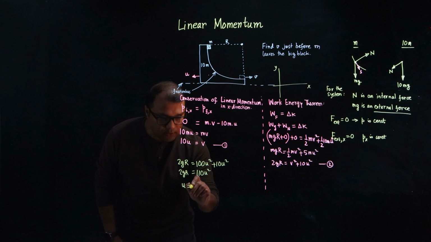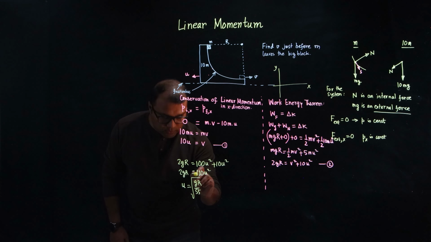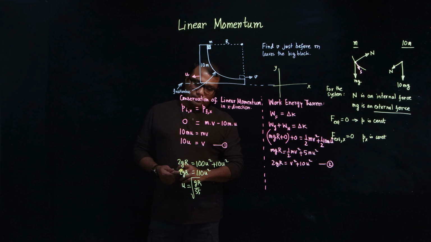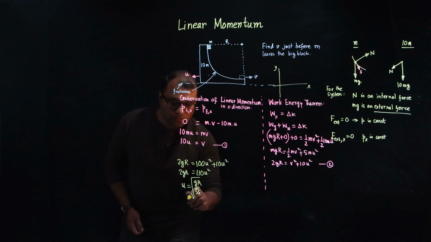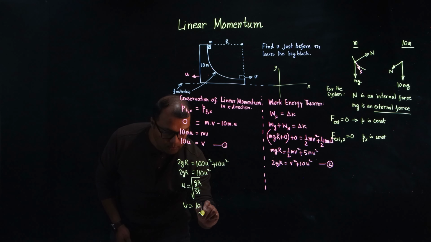So u becomes root over gr by 55. So if we have u, v is 10u, so v is 10 root gr by 55.